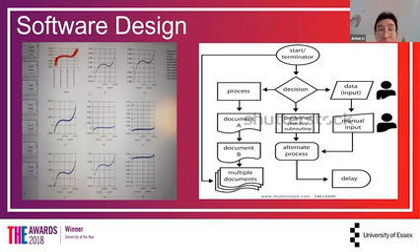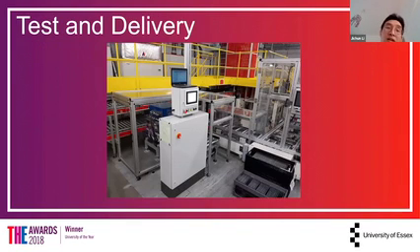That's the mechatronics software design. Based on the integration of the mechanical design, hardware design and software design, you build up this machine. After build, there is in-factory testing, then delivery, and then outside testing.